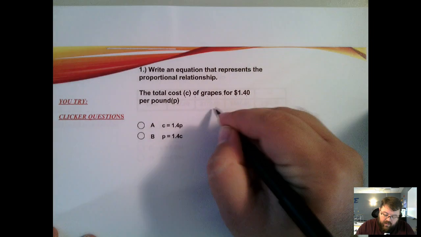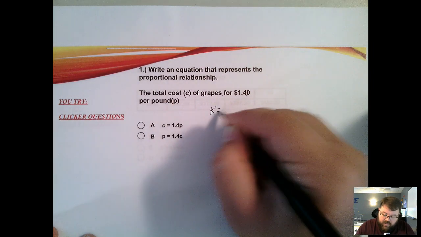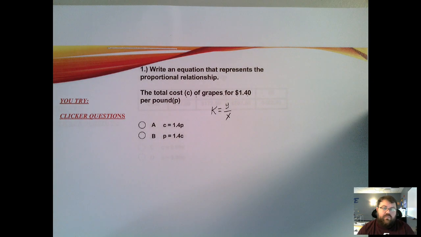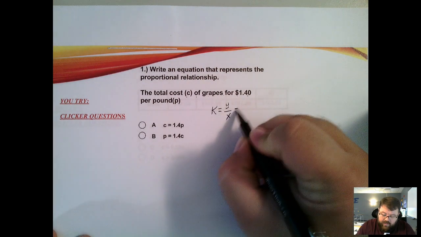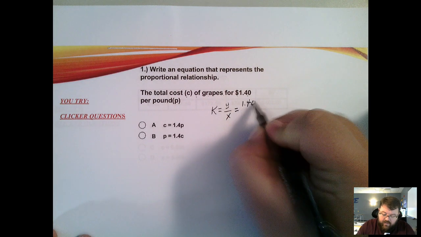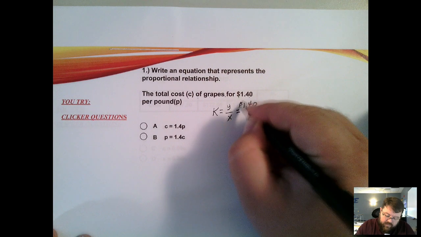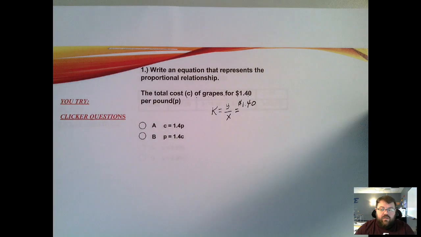We know that our constant is equal to y over x. You should know that by now. Also, you should know that money goes in your numerator, okay? That's your dependent variable, because how much money you spend depends on how much you buy.